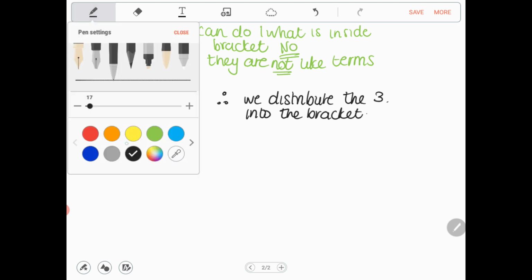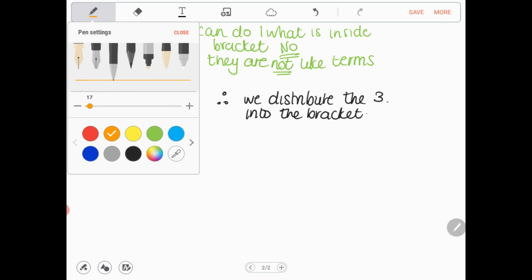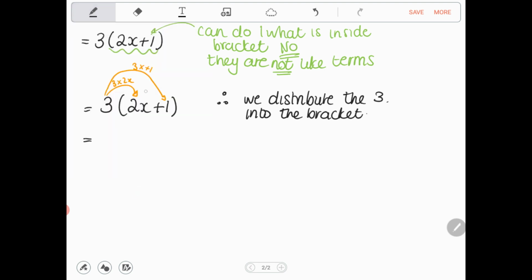All right, so let's look at that. We're going to have 3 times 2x. It's a positive 3 times a positive 2, so we're going to end up with a positive 6x. And then we're going to distribute it to that one. That's a positive 3 times a positive 1, so positive times a positive is a positive, and 3 times 1 is 3.